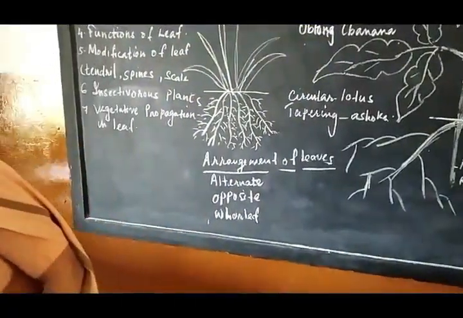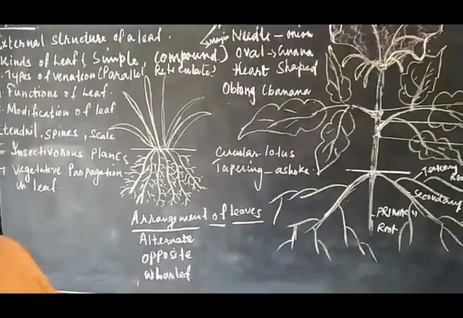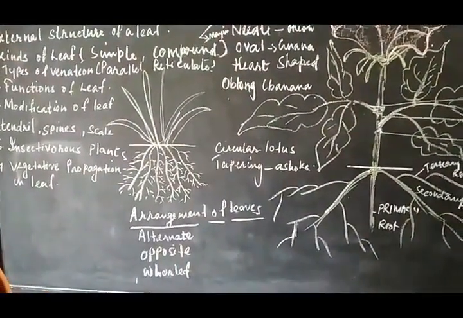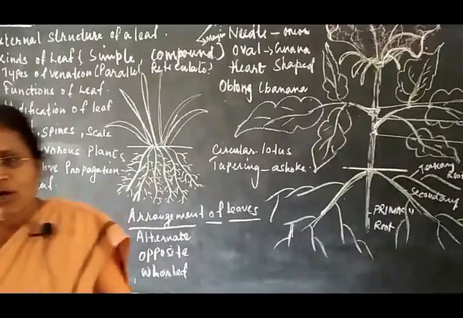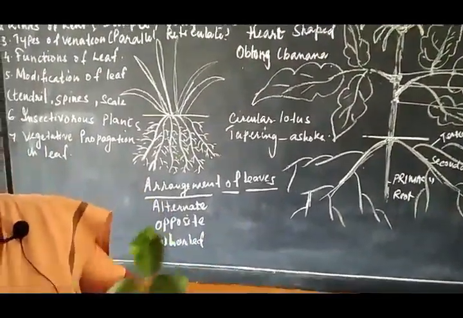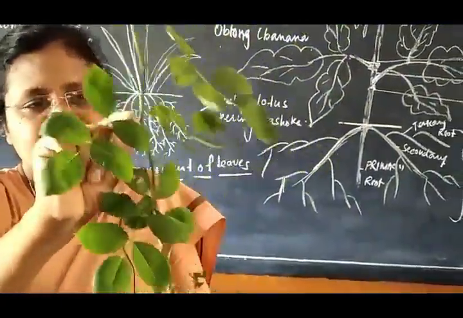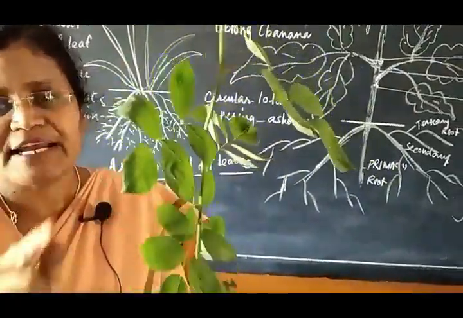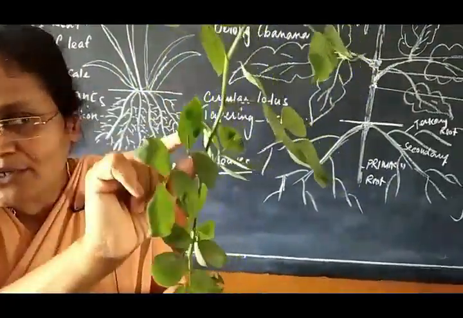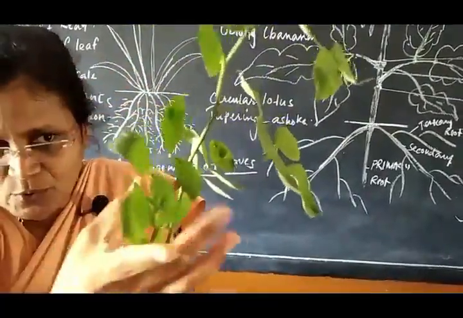Whereas in a compound leaf, rose is an example. Now look here, you have the petiole, the stalk of a leaf. Here you see how many leaflets. They are not called leaves, they are called leaflets: 1, 2, 3, 4, 5.